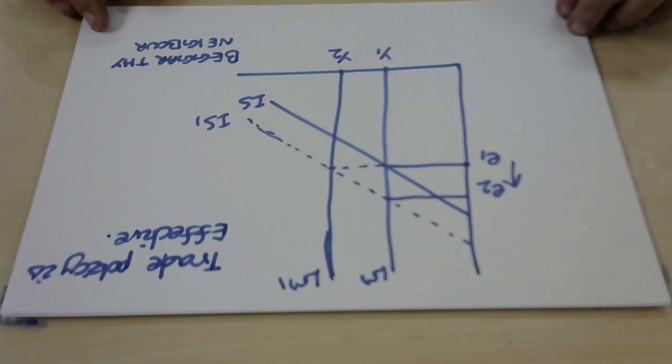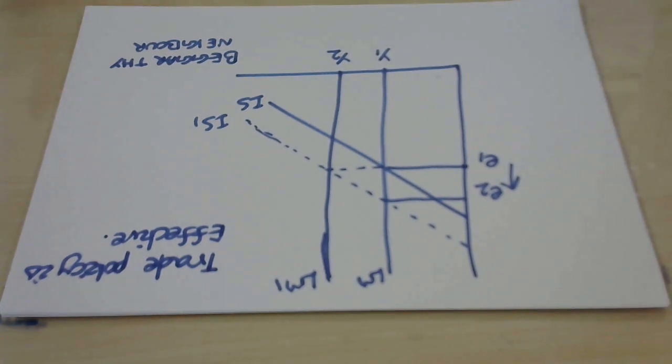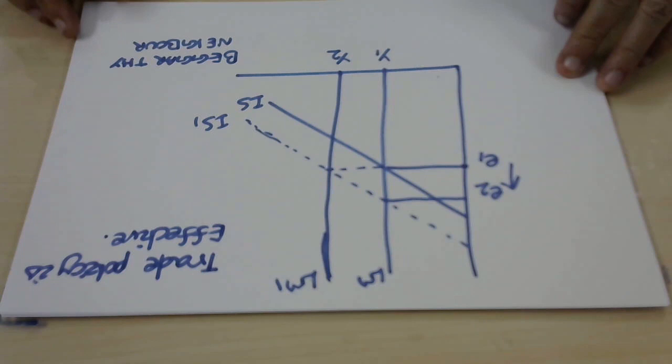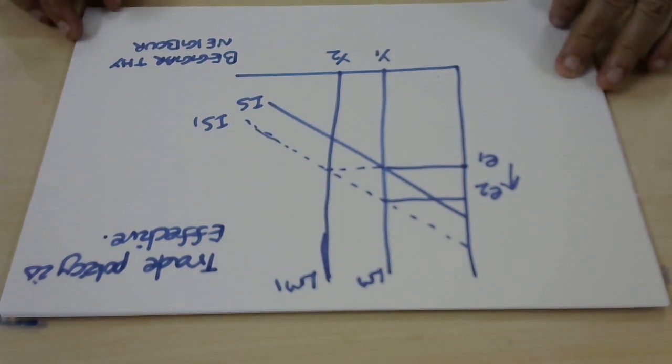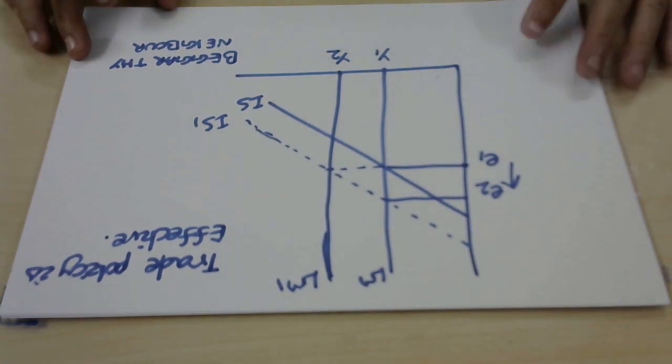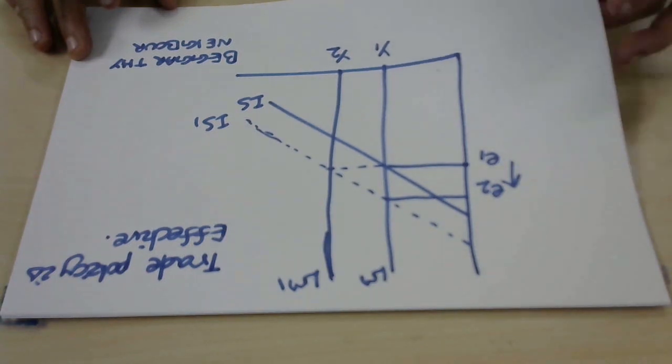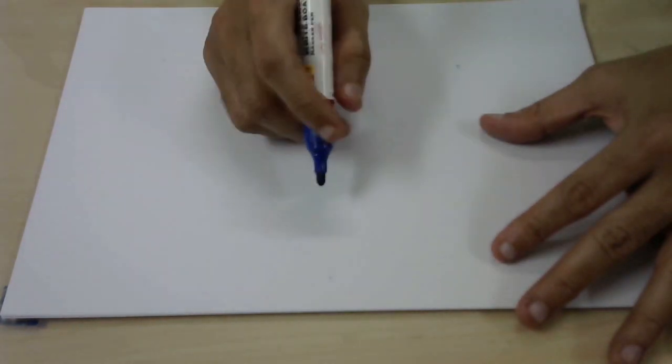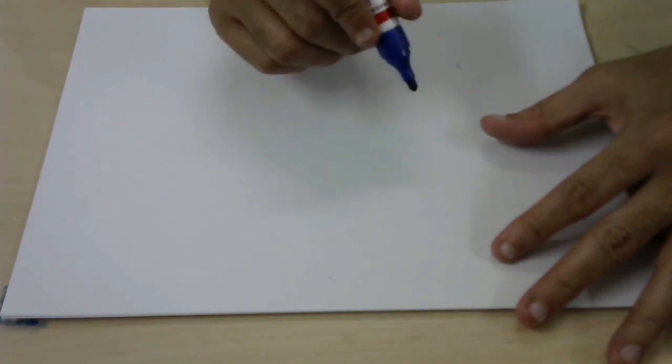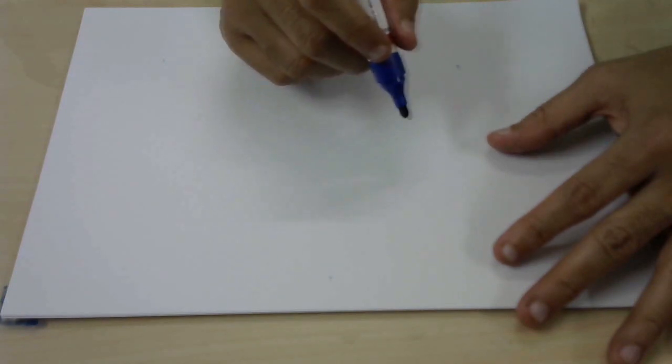I will discuss in the classroom a summary of the effectiveness of monetary and fiscal policy under different exchange rate systems. And the last thing that we will discuss is what is known as the impossible trinity. Now, the impossible trinity tells us that a country cannot get three things together.